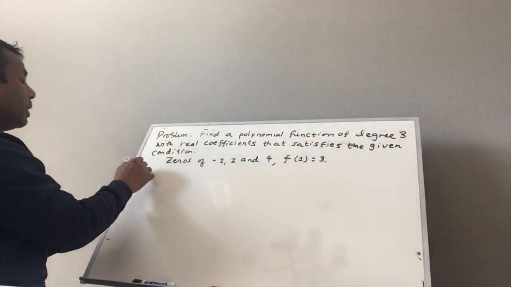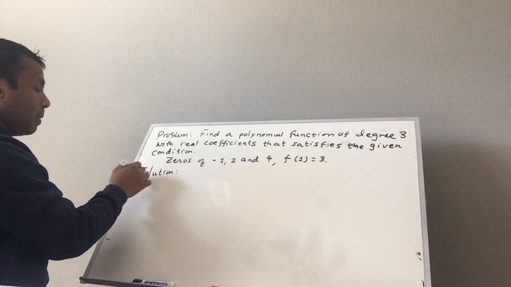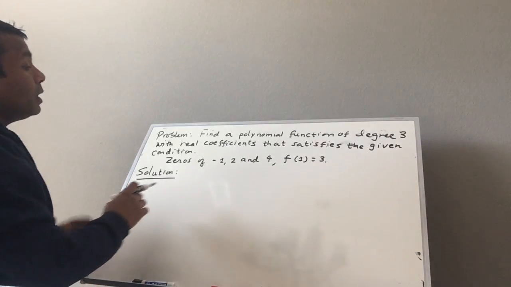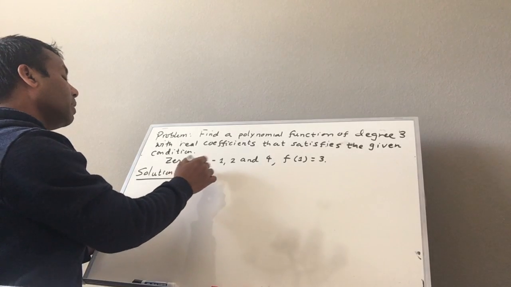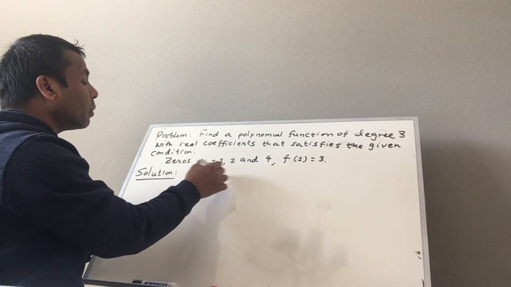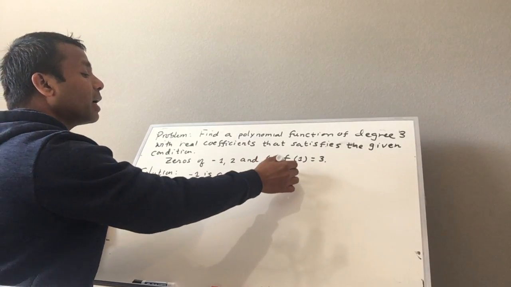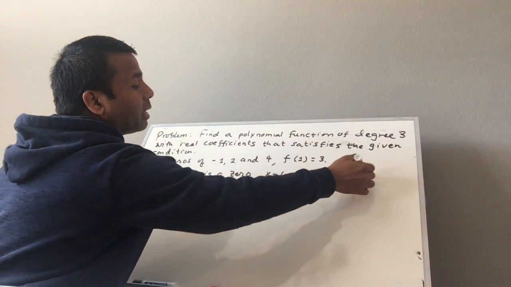Okay, so let's solve this problem. You know, the zeros are -1, 2, and 4. So what does that mean? If -1 is a zero, that means x minus -1, which is x plus 1, is a factor, right?